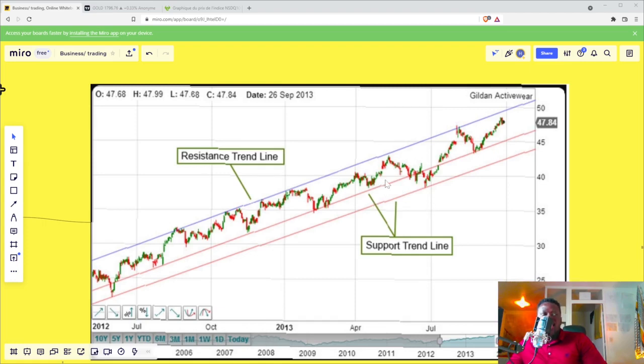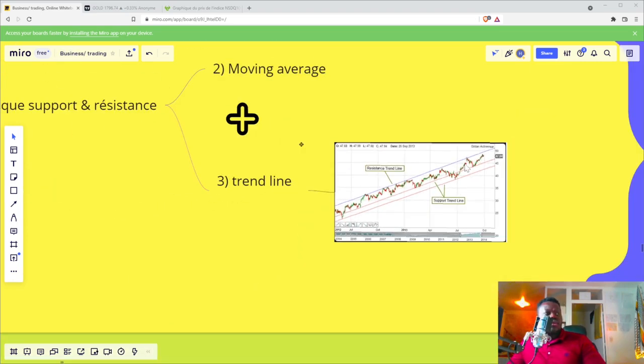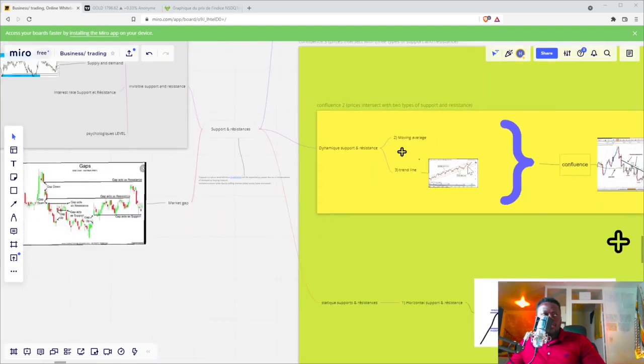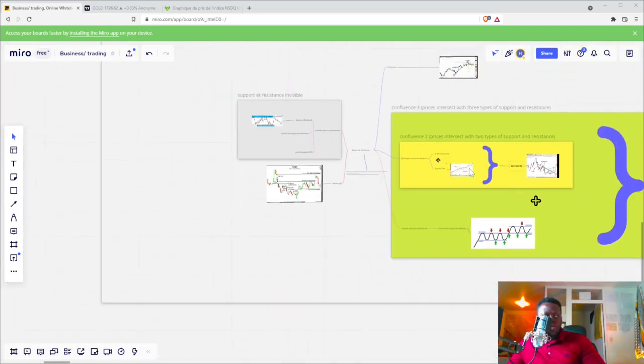You feel me? This is the main thing you need to understand. It's not only the line, but it can be some kind of area. But people use some of the bottoms or tops to draw this line. You understand? That is a very, very main concept inside your trading journey.